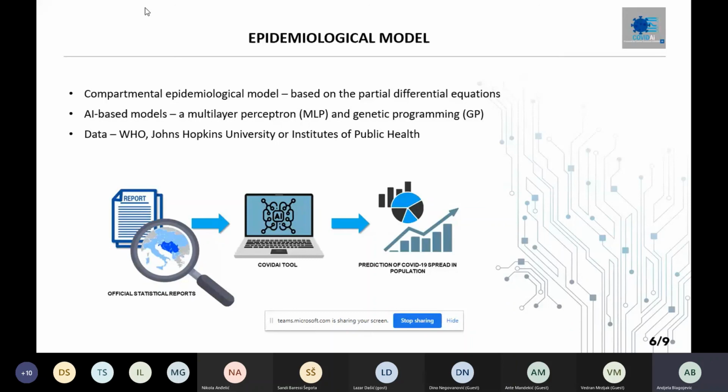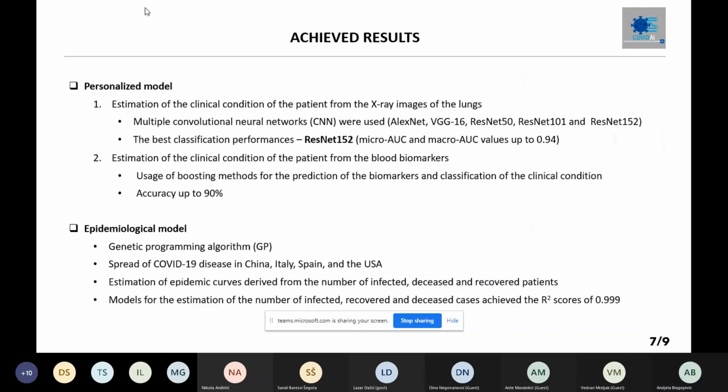As output, we got curves of COVID-19 spread in the population. The population can be one city, a region, a state, etc. So, of course, we achieved some results during this project.